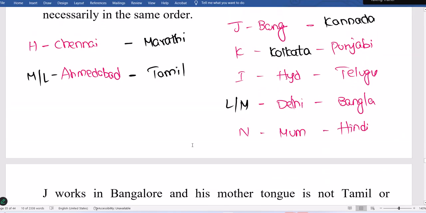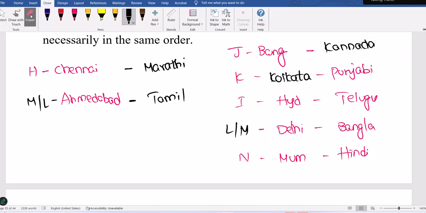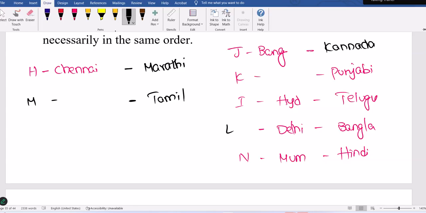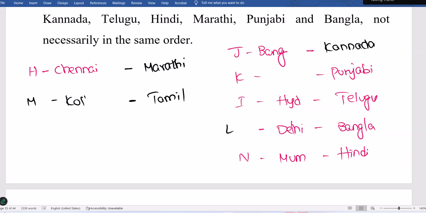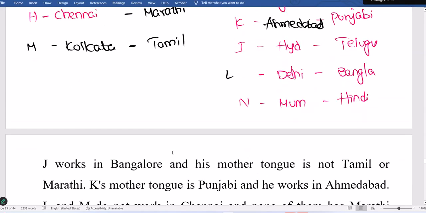K's mother tongue is Punjabi and Ahmedabad. Then this will be Kolkata. L is not Kolkata, so this will be M. M will be Kolkata. K is Ahmedabad and Punjabi. That line I missed.